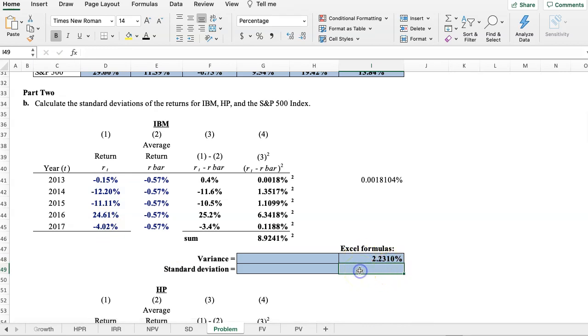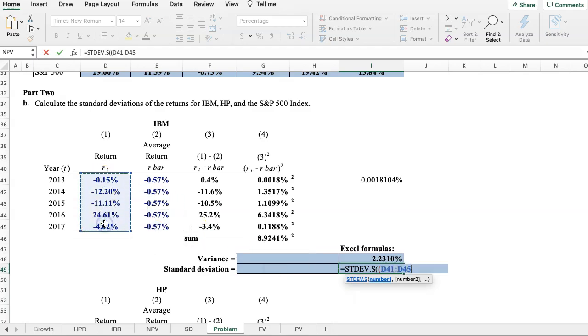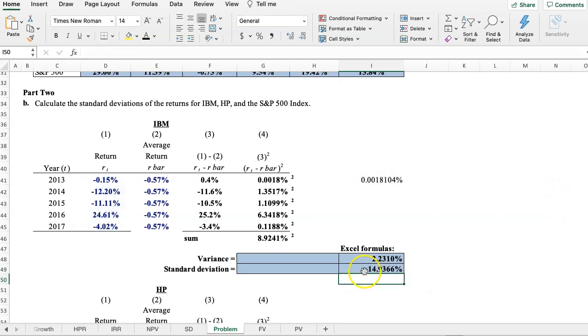Now, standard deviation is going to be something similar to what we did before, equals STDEV.S, S for statistics, and I highlight the same D41 to D45, and I'll calculate the standard deviation.